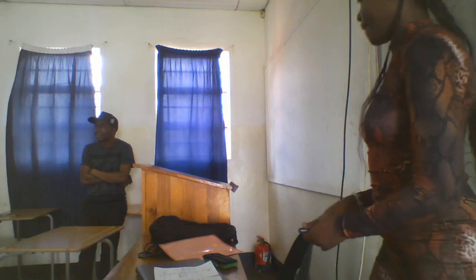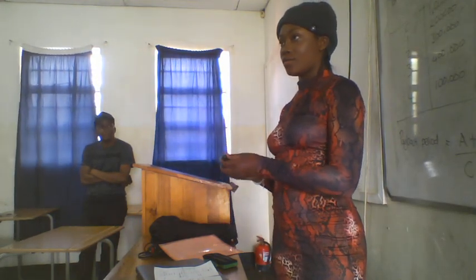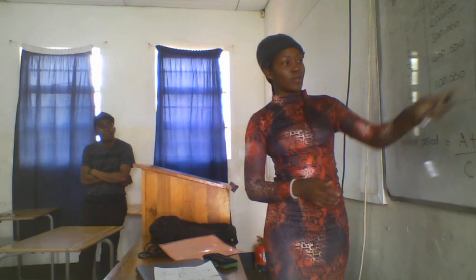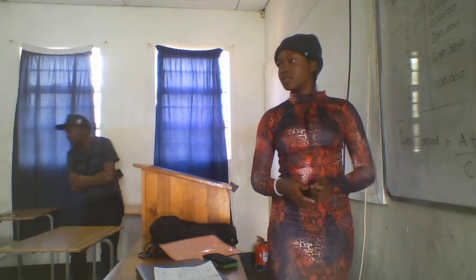So this is divided by this, 0.25 plus 2, that's 2.25, about 2.3. This plus this.